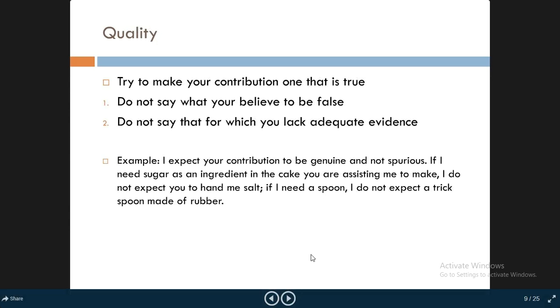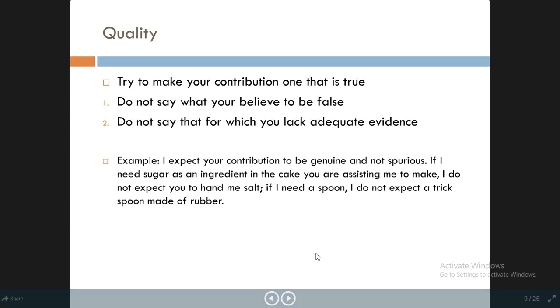The next one, quality. Try to make your contribution one that is true. Do not say what you believe to be false. So the quality of the information in the exchange must be high. It is the maxim that they must be true.